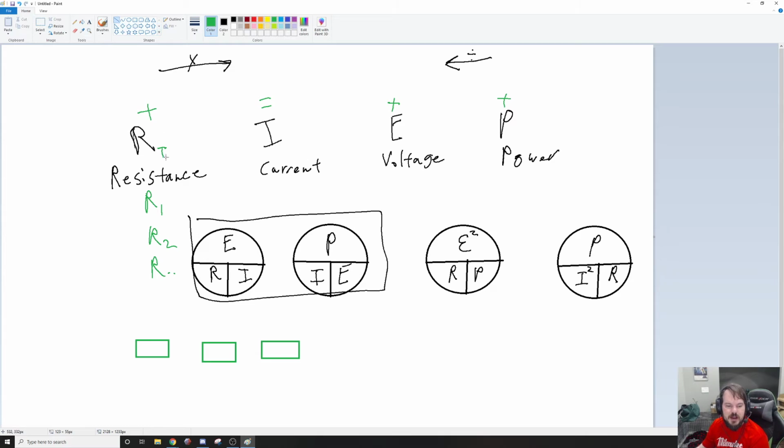If you had 3 batteries, and they were connected in a circuit, ignore that there's not a resistor here.